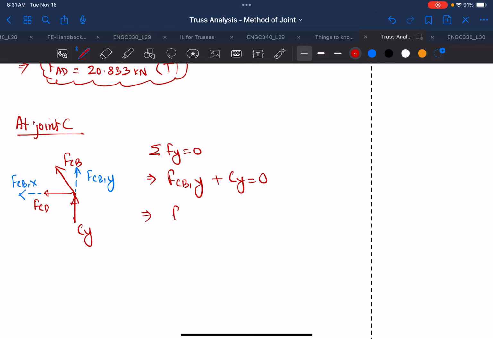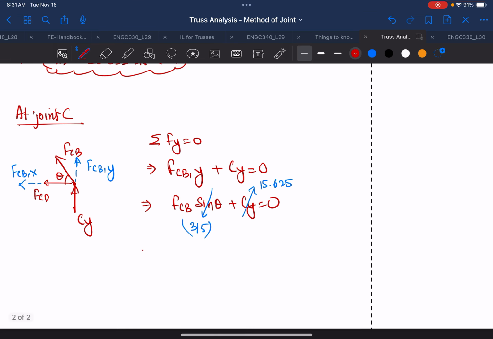So this will be FCB sine theta plus CY equal to 0. And we know that sine theta is 3 over 5, and CY is 15.625.